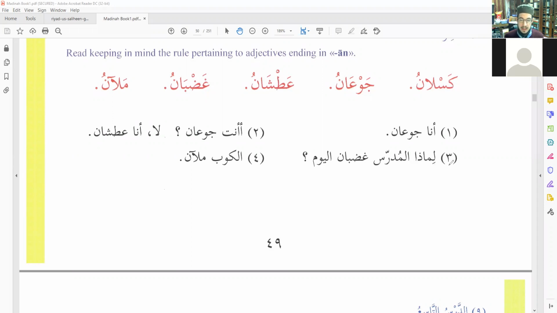So remember last class we had لماذا المدرس غضبان اليوم. Okay, and we puzzled for a second. We learned that this pattern, this phonetic pattern, kasilano. All right, if we're making a pattern, we're going to call it fa'lanu.